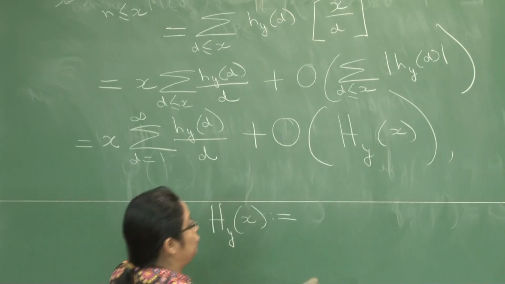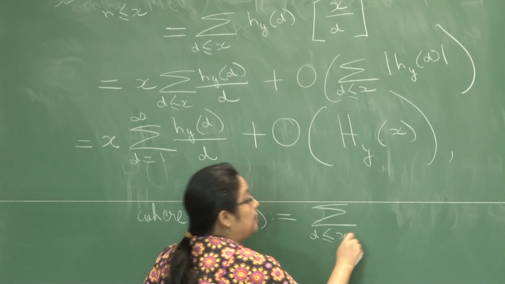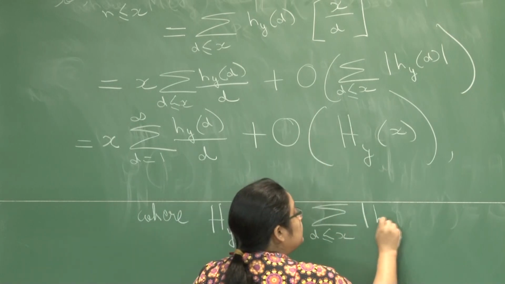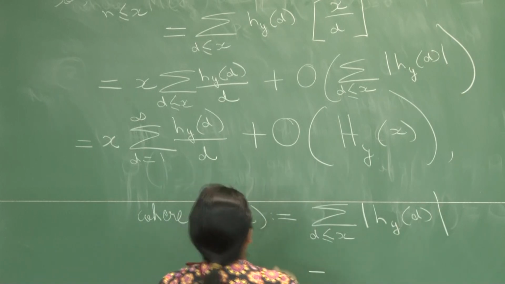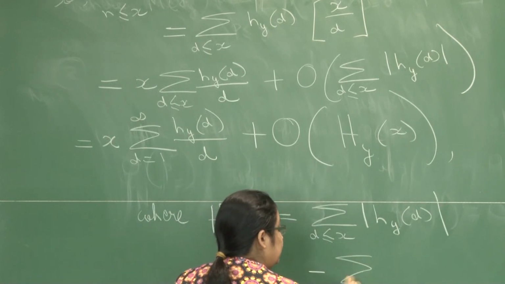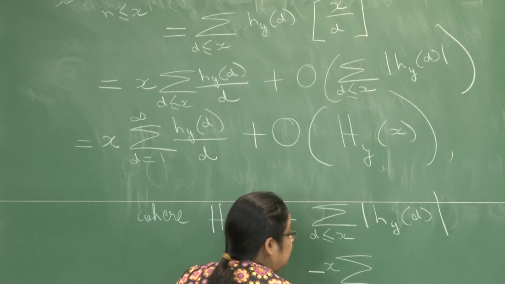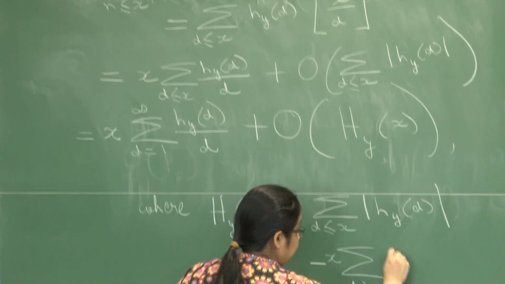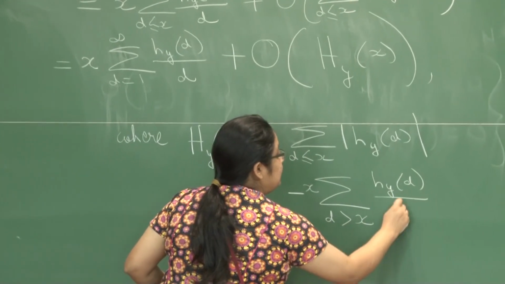It is, first of all, those numbers running up to x absolute h sub y of d, minus x times the sum over d greater than x of h sub y of d over d.